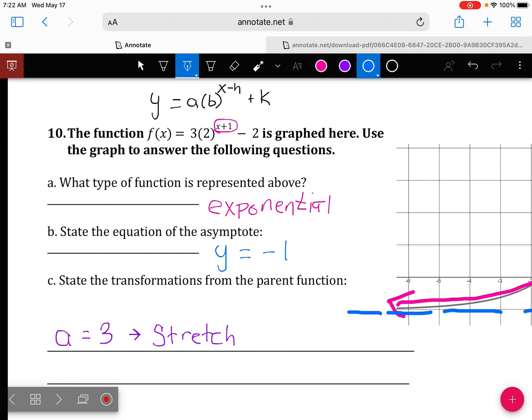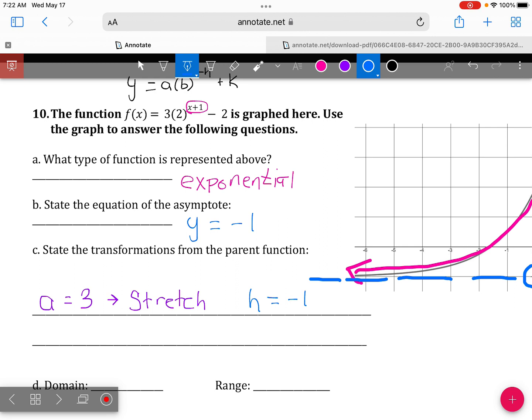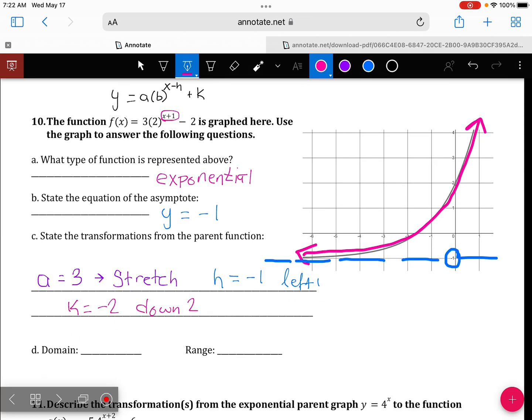Which means what happens? What does H tell us? That is 100% not the graph that's pictured, but that's okay. H equals -1, which tells us it goes left 1. What does K tell us? Down 2. So K equals -2, so this one went down 2. Yeah, that's not the graph pictured, but that's okay.